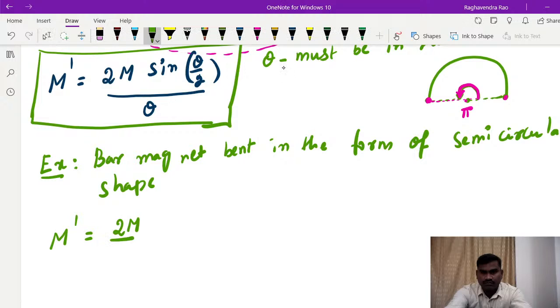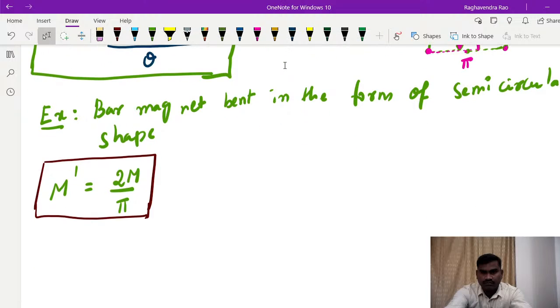What is the value of theta? It is nothing but pi. So 2m by pi. This is the expression for the magnetic moment of a bar magnet bent in the form of a semicircular shape. m dash is equal to 2m by pi.